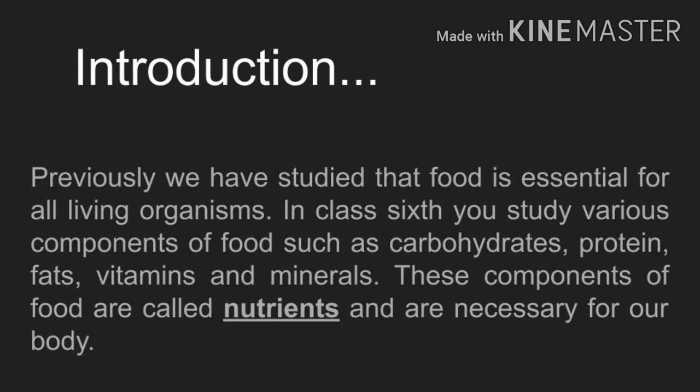So these components of food are called nutrients, and they are essential for our body and for all living beings to thrive. So, nutrients are very essential both for us as well as for plants.